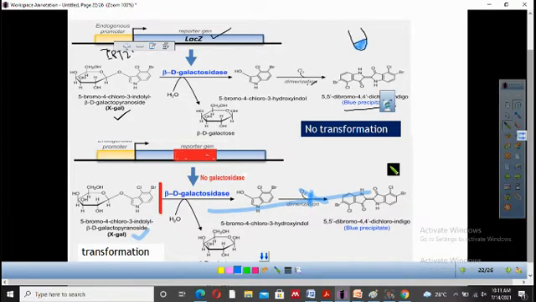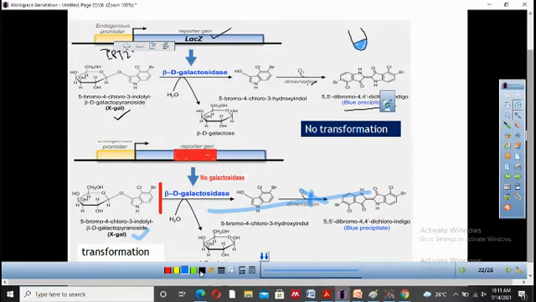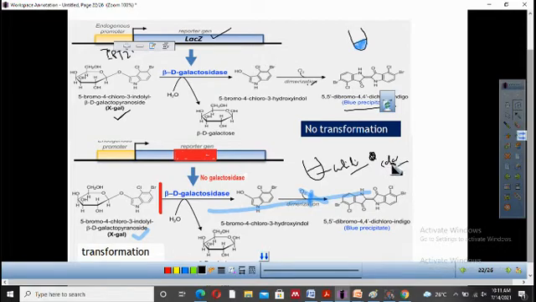Then only the white color will be there. So when there is no insertion, blue will form. When there is insertion, white will form. And this reaction is taken as the background for screening.